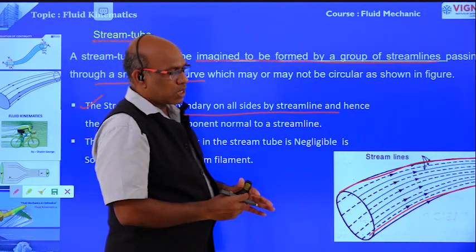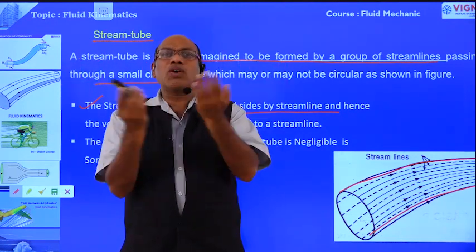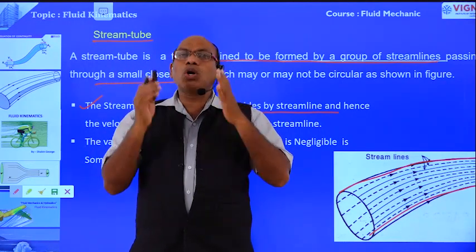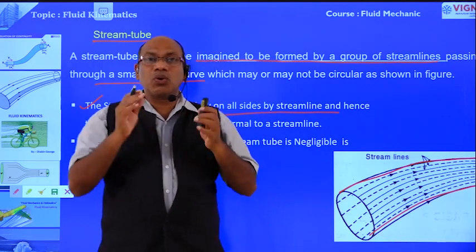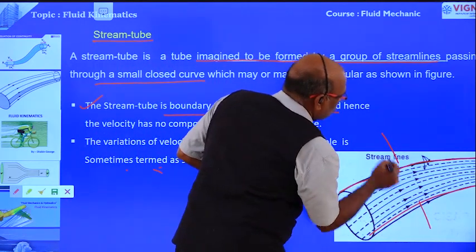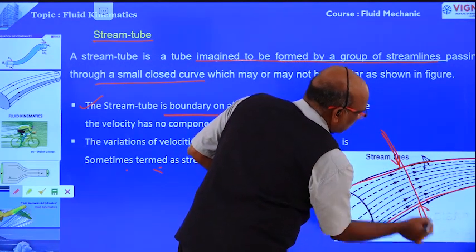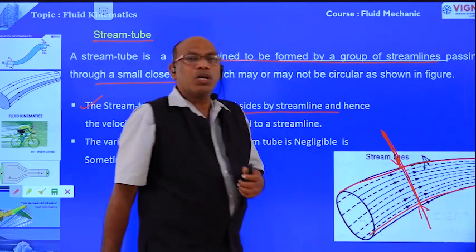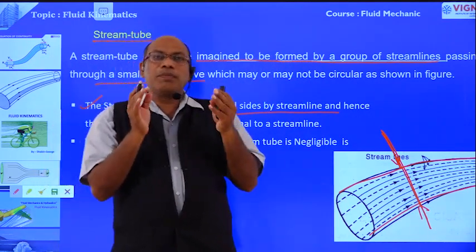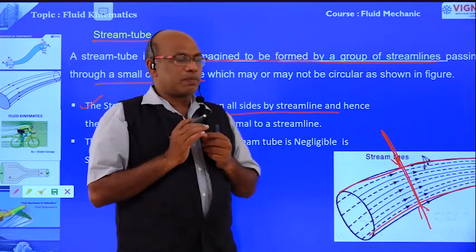That means the stream tube is bounded all around by streamlines, so there is no component of velocity normal to the streamlines or across the streamlines, because the stream tube is bounded on all sides by streamlines, right?